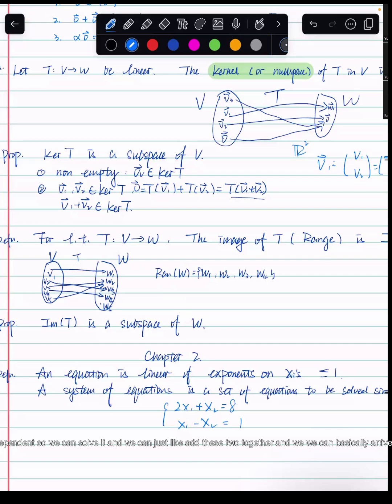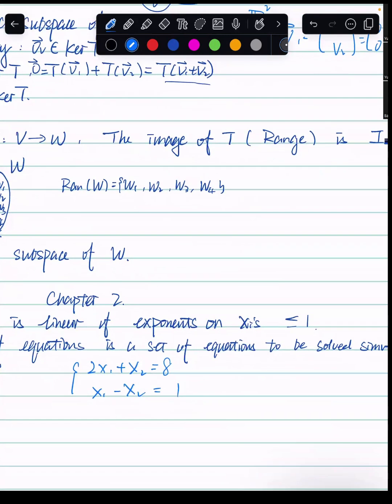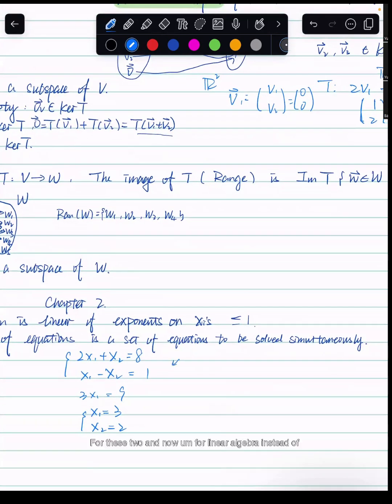We can just add these two together, and we basically arrive at 3x1 equals 9, so x1 equals 3. And we can solve for x2, where x2 equals 2. So basically we have two unknowns and we solved for these two.